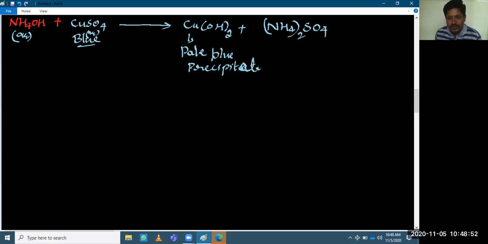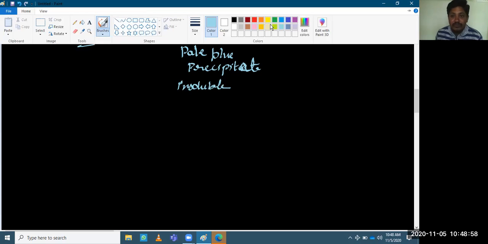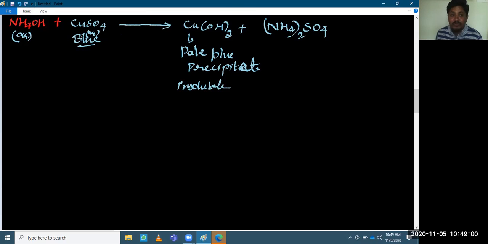Which is also insoluble in the solution. But when we treat this particular mixture with excess ammonium hydroxide, what is that mixture? The resultant mixture, Cu(OH)2 plus (NH4)2SO4, plus now I am treating excess NH4OH.